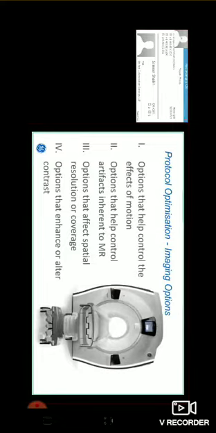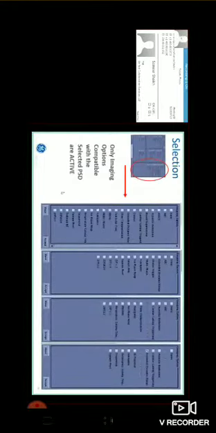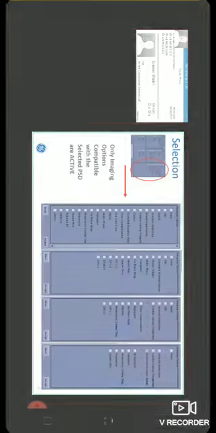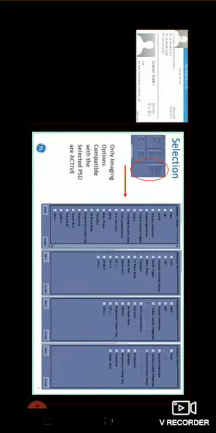This is the user interface of a GE scanner, and over here you can see the imaging options. If you click on the imaging options, you can see the whole list. The options which are compatible with that particular PSD are active.